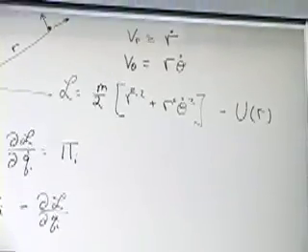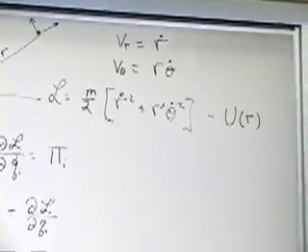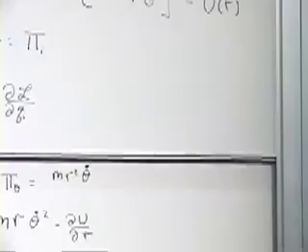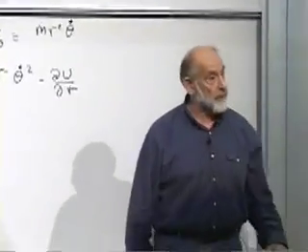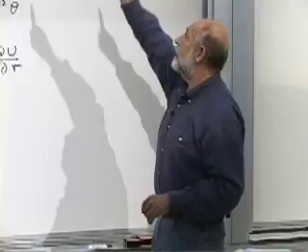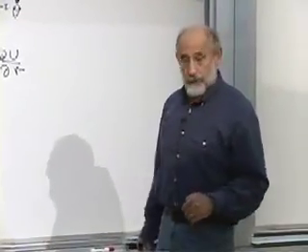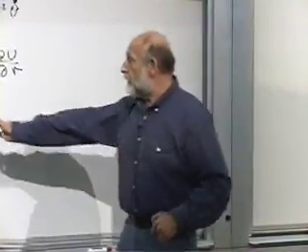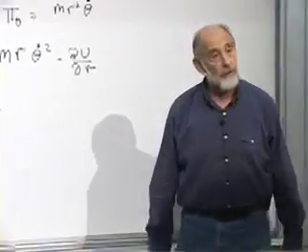The fact that theta doesn't appear in the Lagrangian is a consequence of the rotational invariance of the problem that I set up. Nothing depends on that angle. In particular, the potential energy doesn't depend on angle. Therefore, dL by d theta is equal to 0.